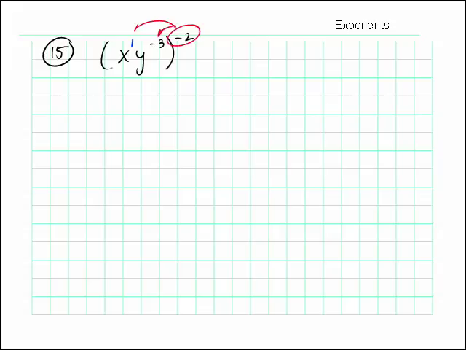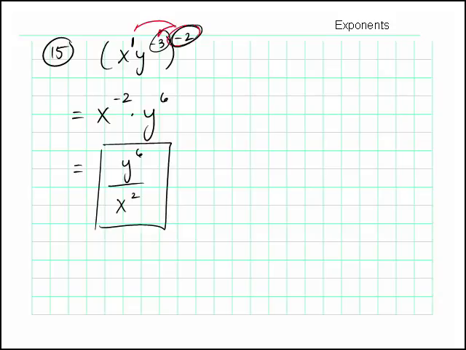And remember, in a situation like this, we multiply those exponents together. So this is x to the 1 times a negative 2, which is a negative 2. And then we have negative 3 times a negative 2, which is a positive 6. Move the x to the denominator. And so this is now y to the 6 over an x to the positive 2. And that is our result.